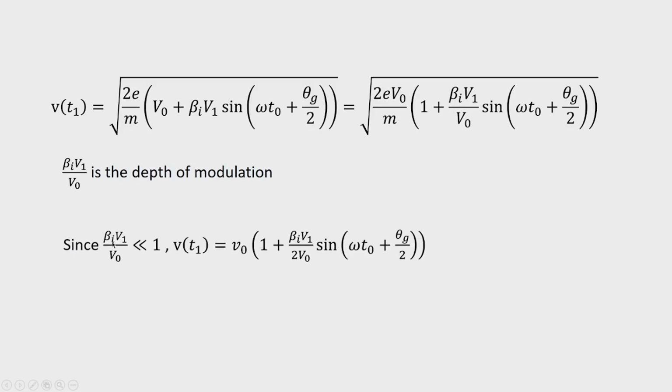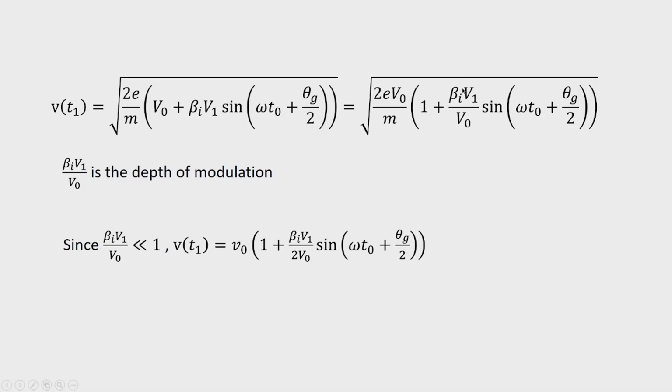Since we have assumed that V1 by V naught is very small compared to 1, and beta I is sin theta g by 2 divided by theta g by 2, it will also be less than or equal to 1.